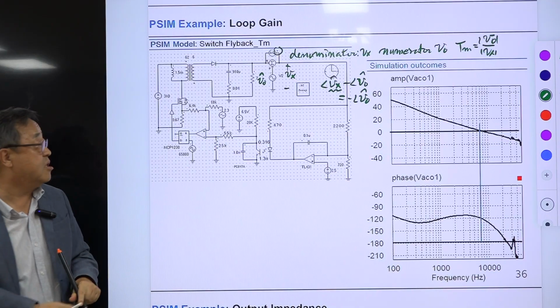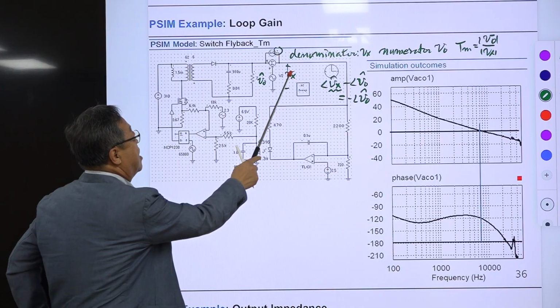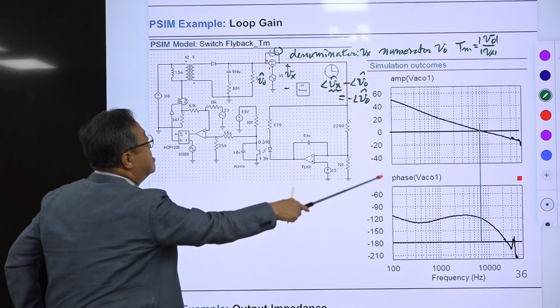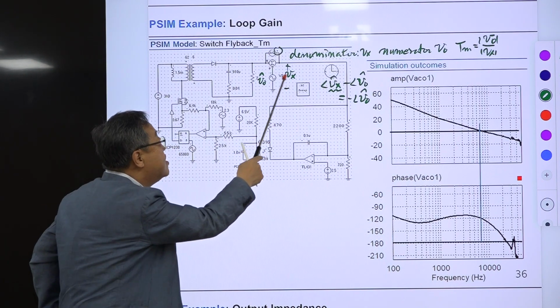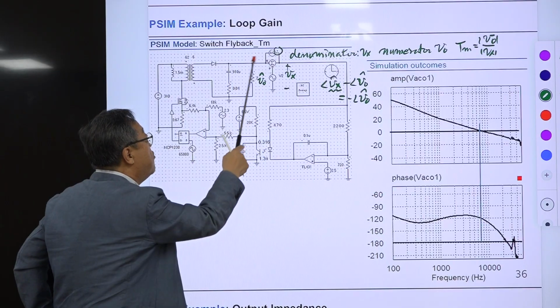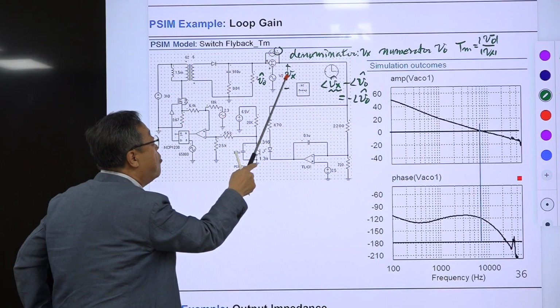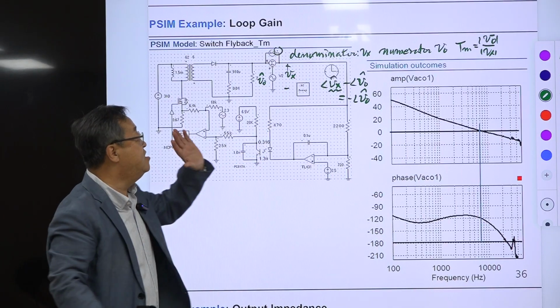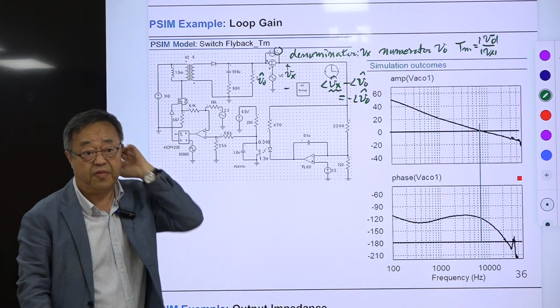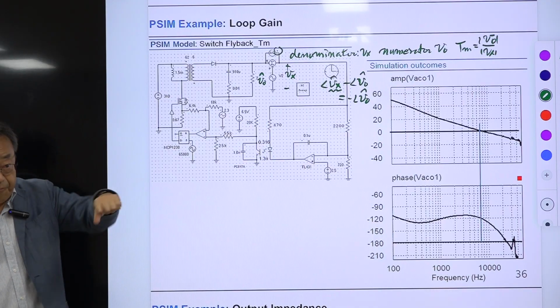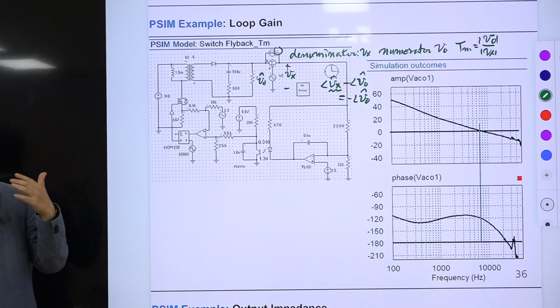That means if you add the signal here, that signal comes out with exactly the same phase. Then this returning sinusoidal waveform has larger magnitude than this injected sinusoidal wave. Then the system is what? Unstable. If it is smaller than unity, the system is stable.